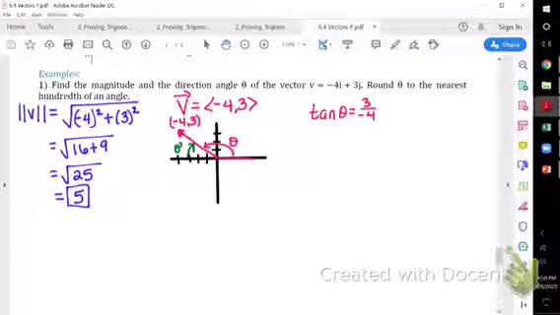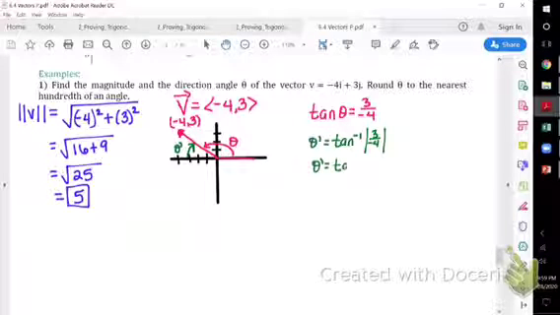Alright, so to find theta prime, we're going to take the inverse tangent of the absolute value, and so that means that theta prime is going to be the inverse tangent of positive 3/4. And so we're going to plug this into our calculator.